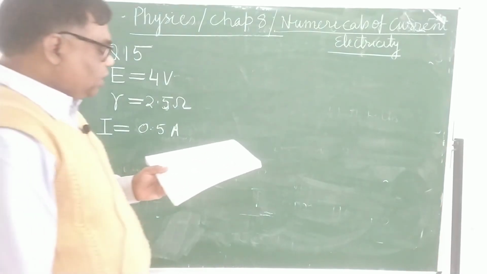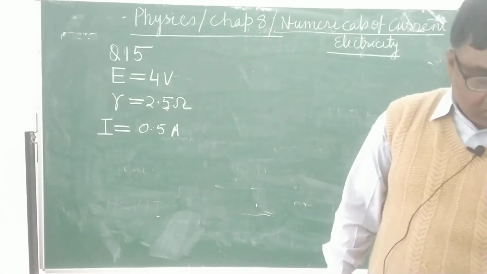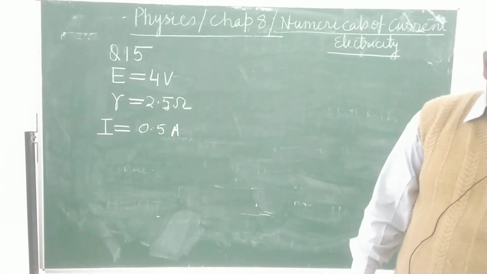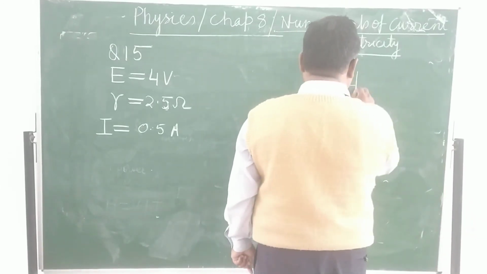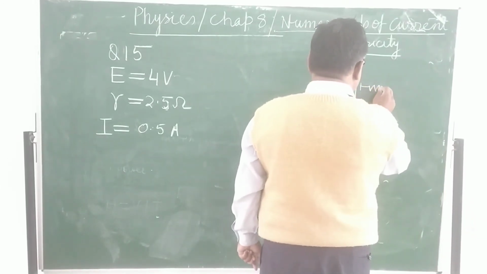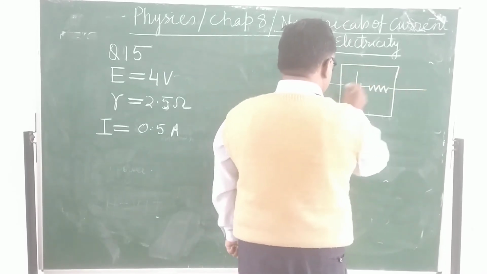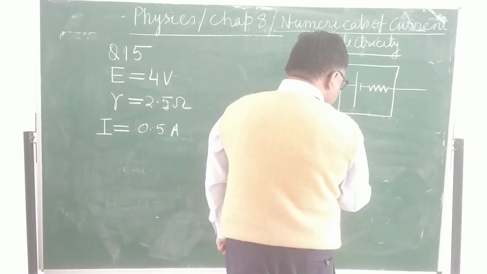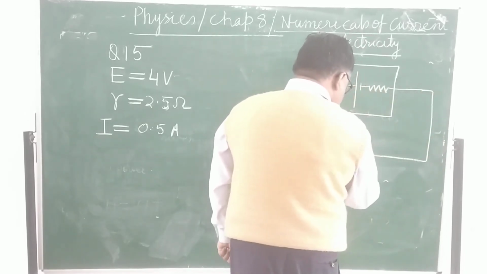Calculate the total energy supplied by the battery in 10 minutes. So see here, you make the diagram, because by making the diagram you can understand more easily. Here this is the bulb.